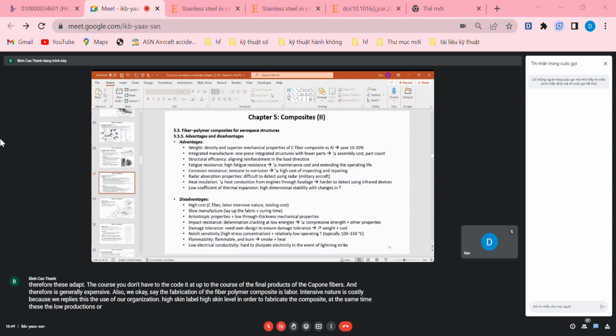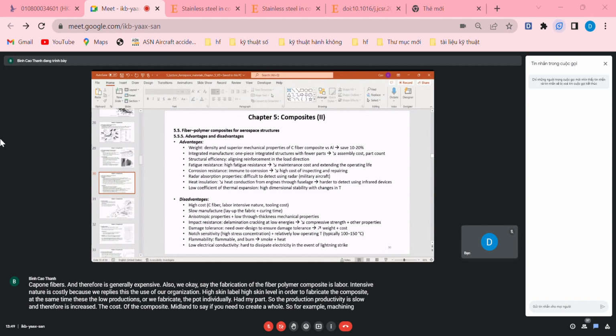At the same time, production is low, as we fabricate the part individually, part by part. So the productivity is low, and therefore it increases the cost of the composite.